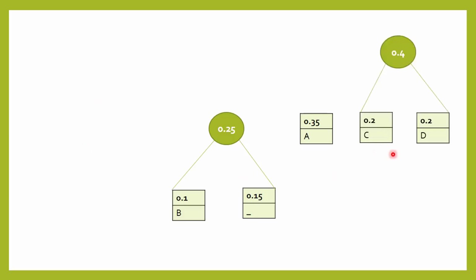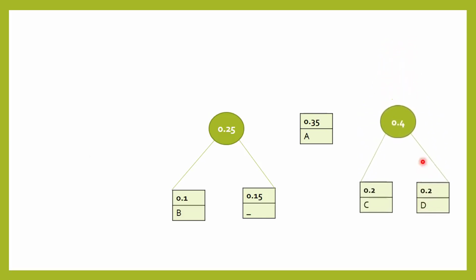So this 0.2 becomes the left subtree and this becomes the right subtree. And again this should come in ascending order. So 0.25 comes first, 0.35 comes next, and then 0.4. Now again you have to find the two smallest trees among these three. Among these, 0.25 and 0.35 are the smallest.